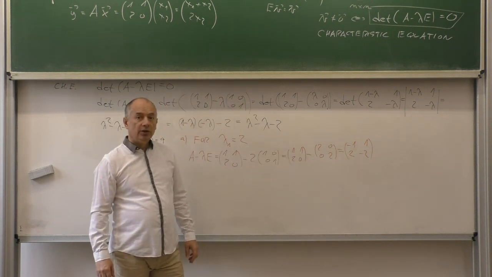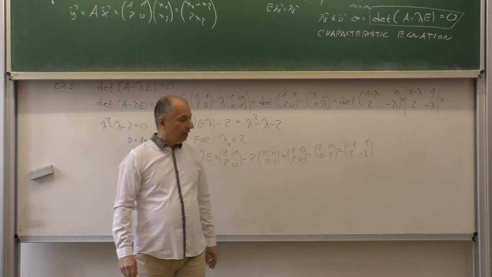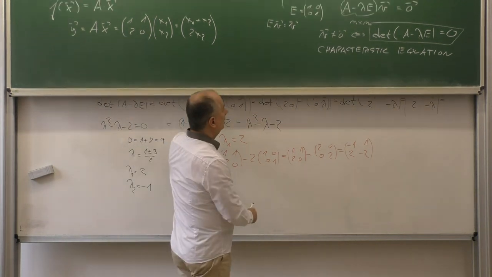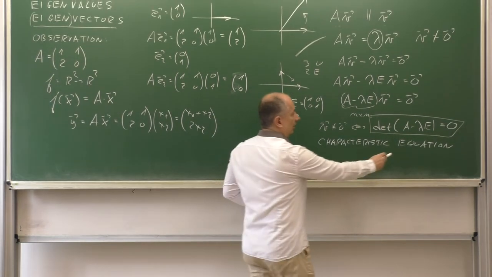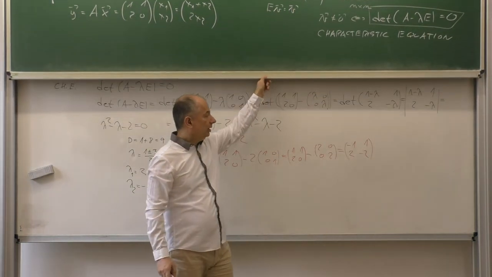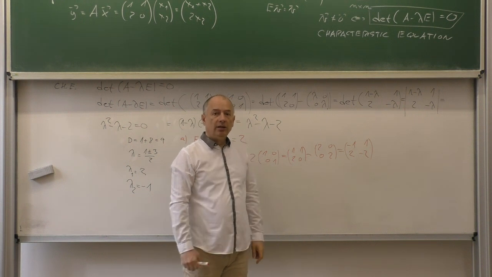This matrix should be singular. It should have 0 determinant. Well, actually, lambda was found by considering the determinant equal to 0. In other words, the rows and the columns should be linearly dependent.